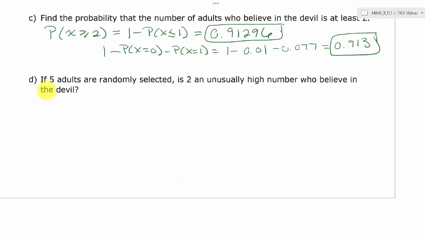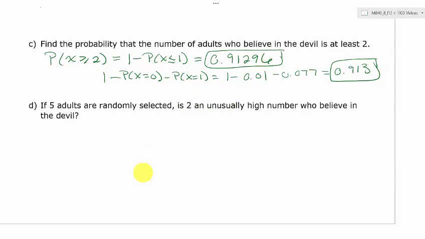In example D, if 5 adults are randomly selected, is 2 an unusually high number who believe in the devil? So we want to take a look at the probability that we calculated in example C, and since that's really high, then that tells us that this is not an unusually high number.